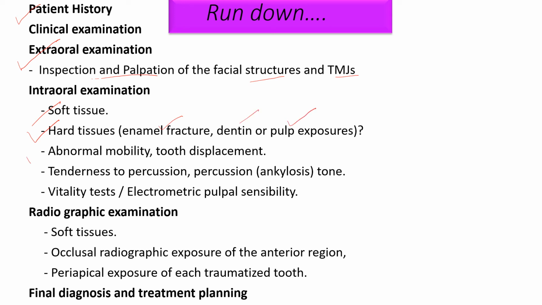We check for any abnormal mobility or tooth displacements, tenderness to percussion, and vitality tests. Then we conduct the radiographic examination of the affected area. We examine the soft tissues for any foreign bodies. We take an occlusal radiograph for the anterior region and a periapical exposure of each traumatized tooth. And after all this, we arrive at a final diagnosis and plan the treatment.